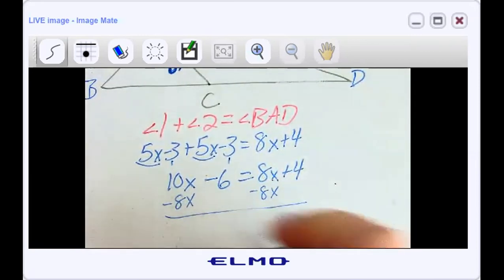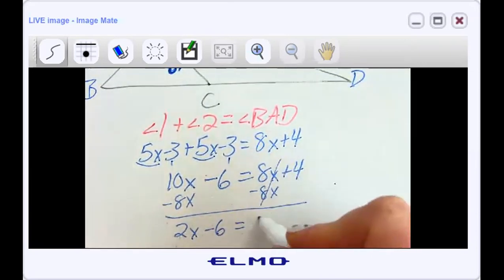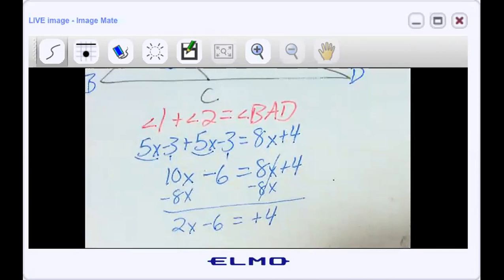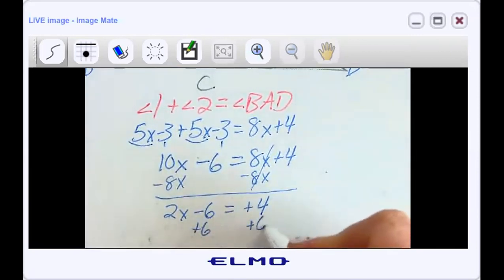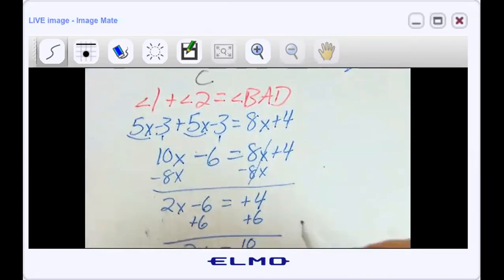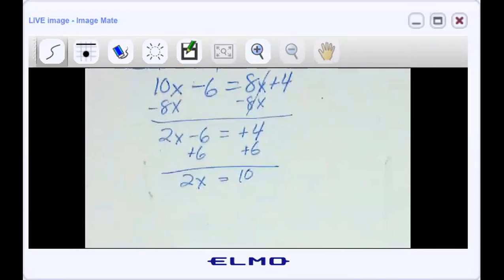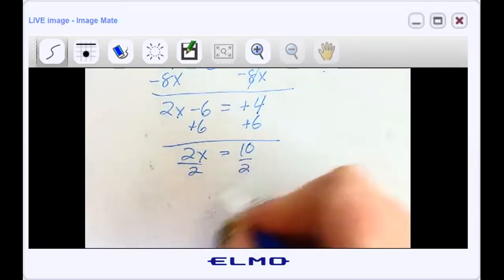So now I get 2x minus 6. Those are gone, and then I still have this positive 4. And now I'm going to add 6 to both sides. And now, hopefully you can see how I end up at 5. I'm just going to divide by 2, and I get 5.